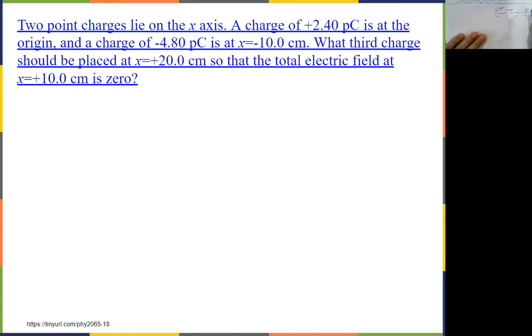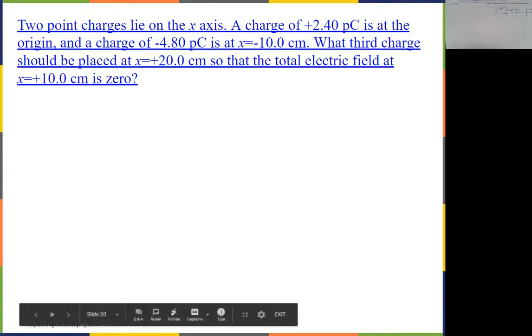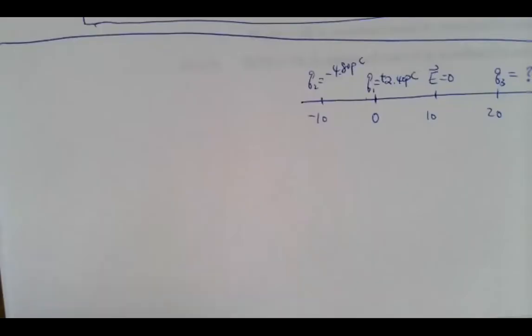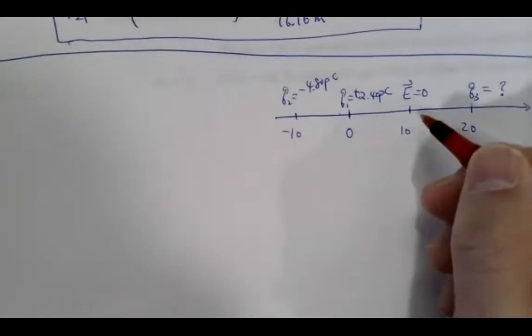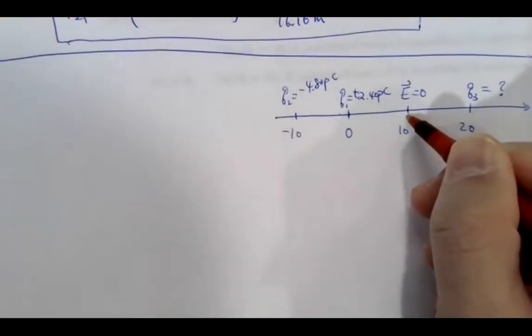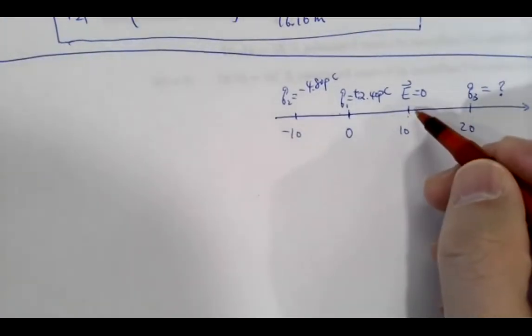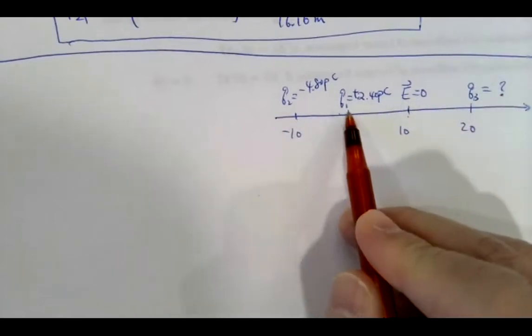It's asking what Q3 would be so that the E field at this point is equal to 0. Basically, this is your point of interest, so the E field at this point should be the summation of the E field by this charge, this charge, and this charge at that point.